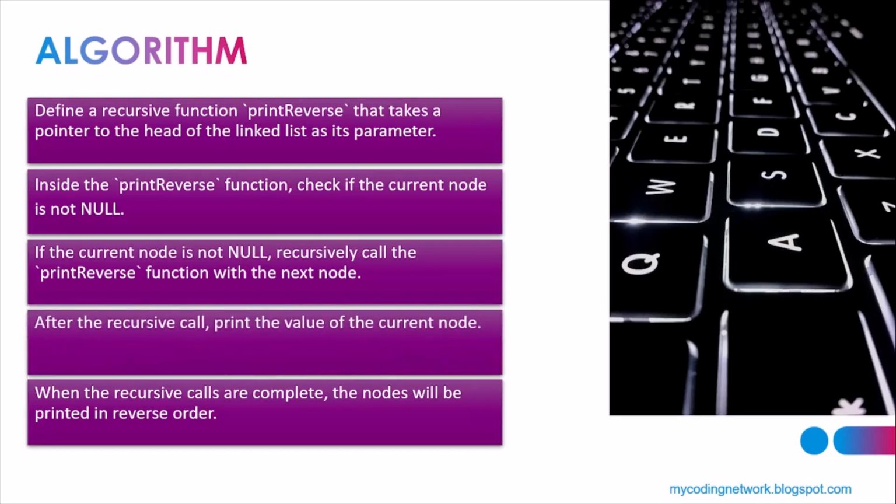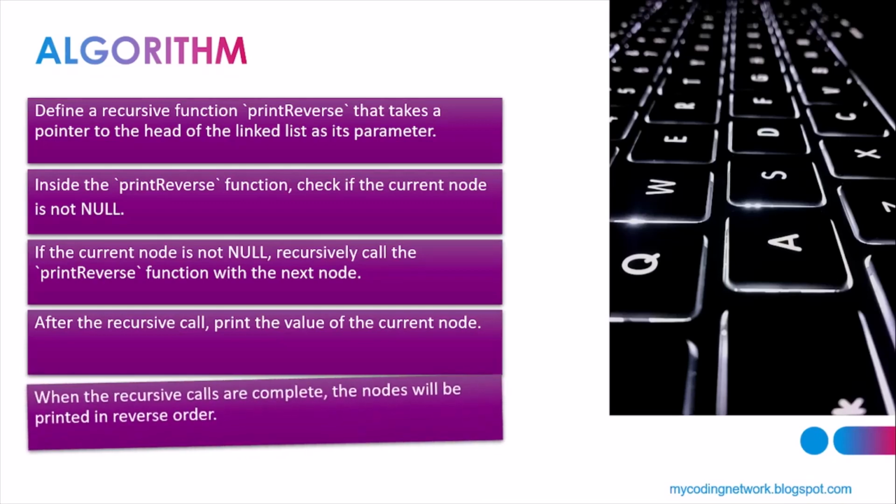The fourth point tells us that after the function call statement, we would be writing the print statement. Over here, the concept of stack would be used. And lastly, when the recursive calls are complete, meaning the base case becomes true, then the nodes will be printed in reverse order. So this is the entire summary of the coding part that we would be doing.